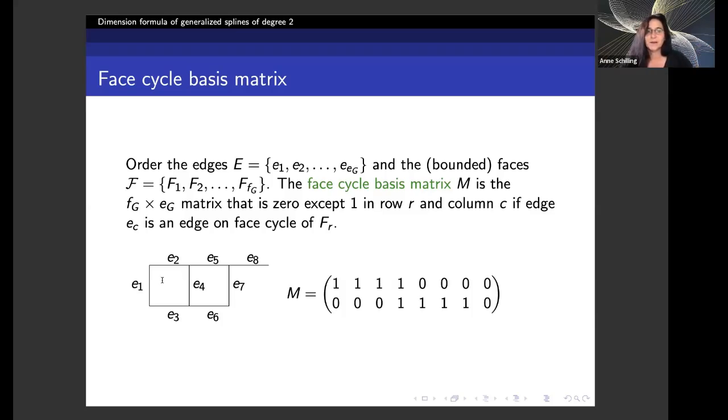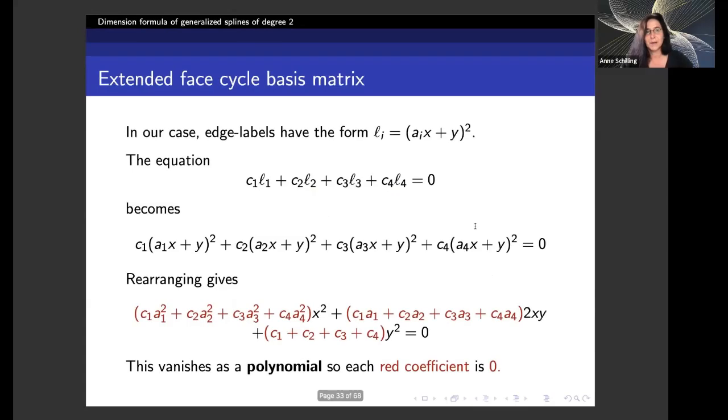So here, since edges 1, 2, 3, 4 are associated to face 1, we have ones in the first 4 columns, and since 4, 5, 6, 7 are the edges for face 2, we have ones in columns 4, 5, 6, 7. And then edge 8 doesn't occur in any face, so that's why that column is just equal to 0. Okay, so that's how we get this particular matrix.